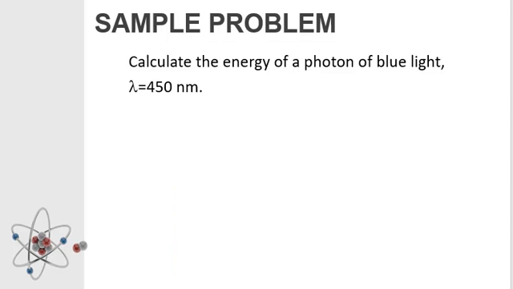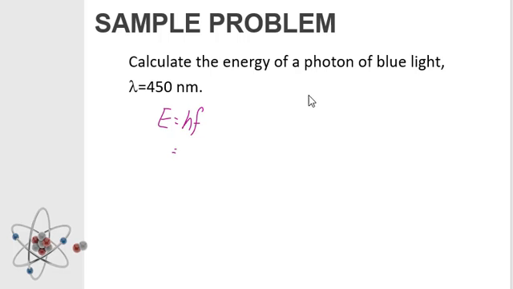Okay, so let us now solve some sample problems. Number 1, calculate the energy of a photon of blue light with a wavelength of 450 nanometers. So take note that the energy is equal to hf, and for the frequency, we have c equals lambda f.